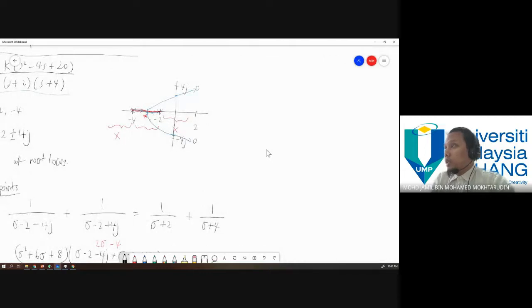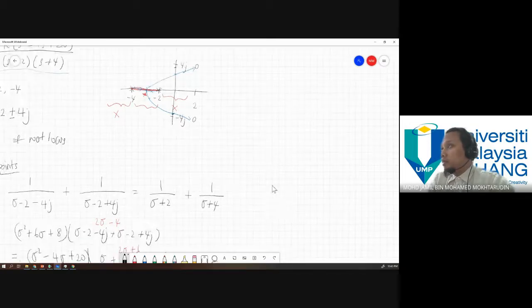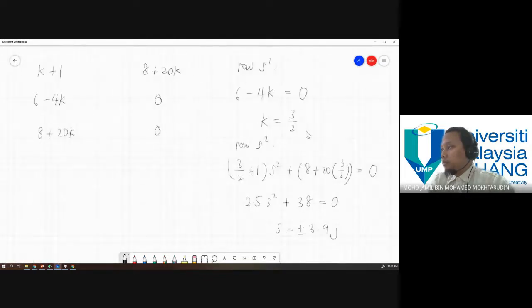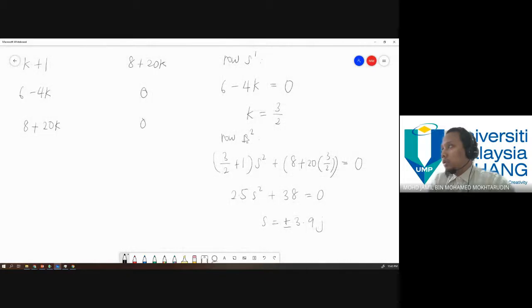Okay, so it's somewhere here. Okay, supposedly here. The bottom one is right, more or less. Okay, so this is the value of K at JW axis crossing. This is the JW axis crossing.